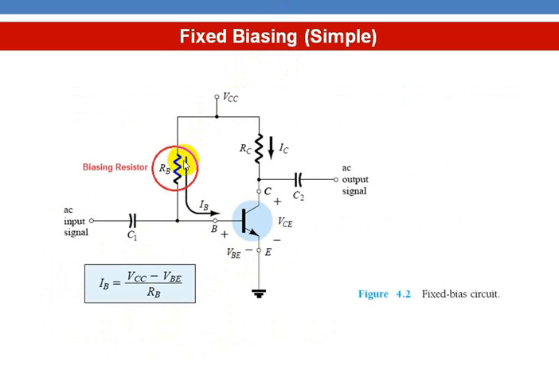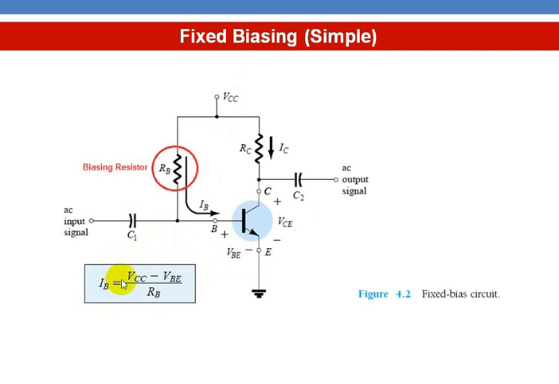First, the fixed biasing circuit. RB is the biasing resistance placed between VCC and the base terminal. In this case, the base current will be VCC minus VBE divided by RB. So the current is limited by RB. But when there is a change in temperature, beta will vary and ICBO will also vary, and that is not taken into account.